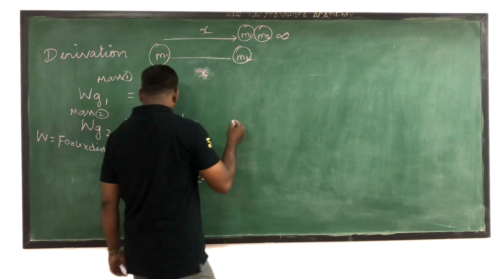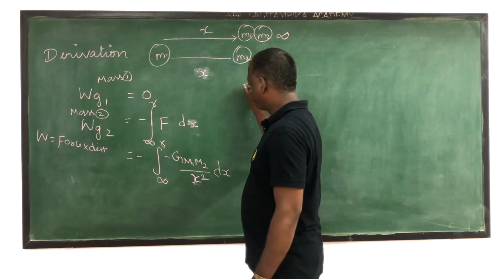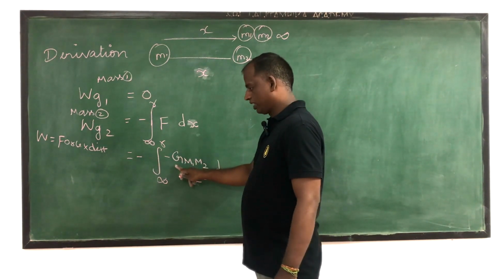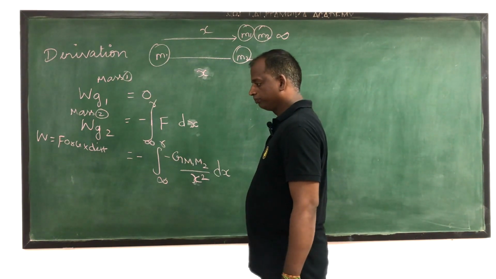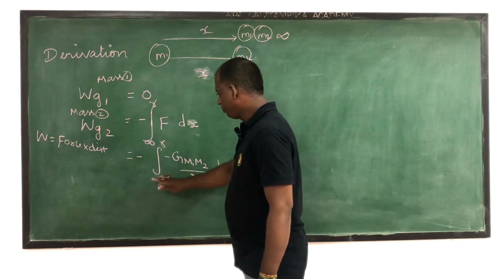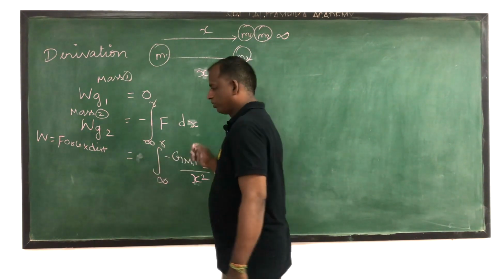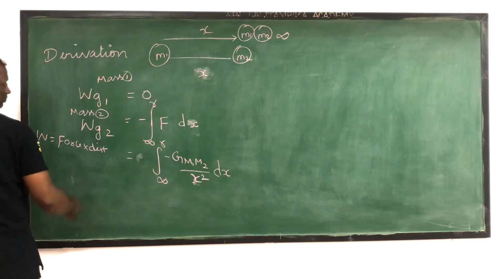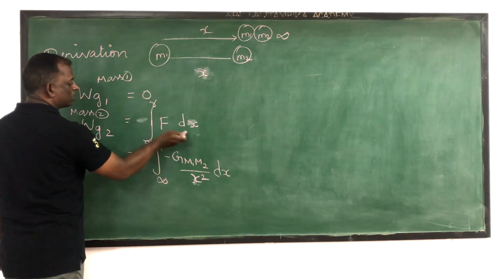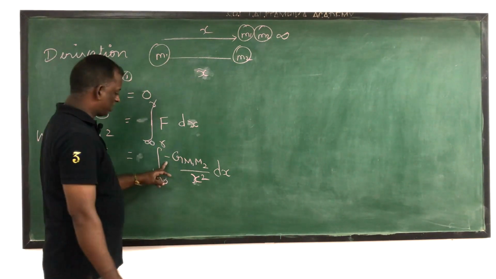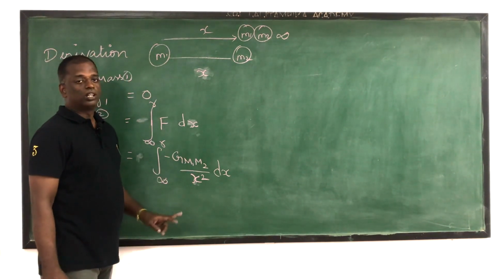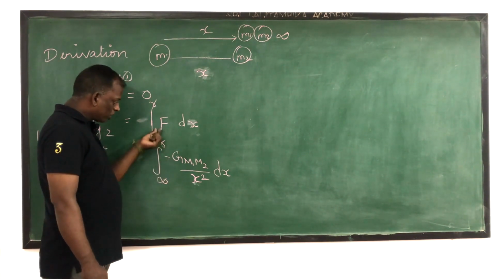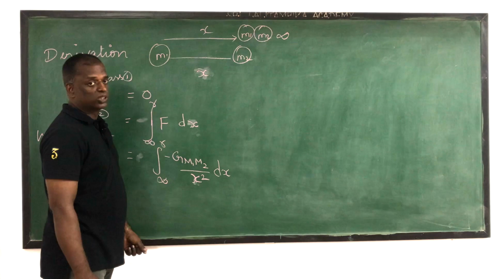இப்போ இதை integrate பண்ணாதான் நமக்கு என்ன கிடைக்கும்? Minus into minus, it will be plus. That is, we have work done is equal to force into distance. Force is the formula minus G m1 by x square, that is r square.